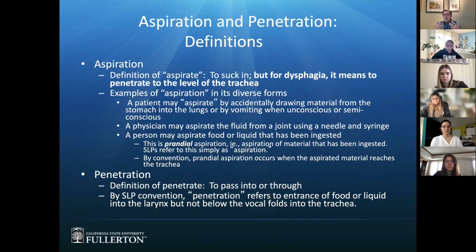In other words, it's going to come up and they're not controlling anything, they're not protecting their airway, and they'll take a breath and inhale vomitus, which is very bad for the lungs. They'll generally get very sick real quick. But that's not prandial aspiration. Prandial aspiration is aspirating when you're eating or swallowing. Aspiration of vomitus is not.